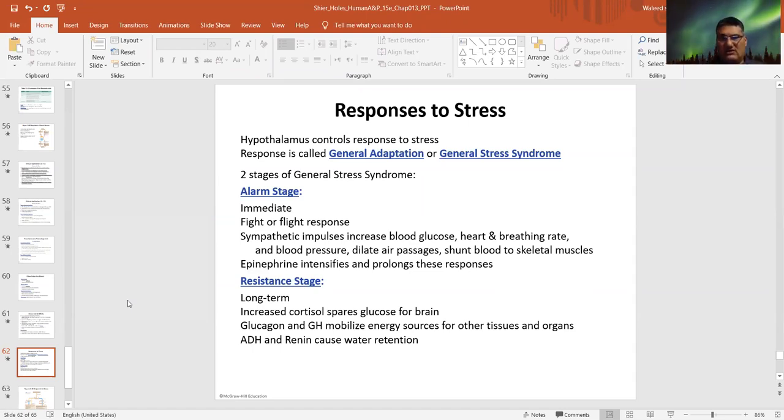You send the blood to your blood vessels and so on. Your blood pressure increase, bronchi dilate so you can breathe better, your eyes dilate more. All of these, just imagine that you are in the middle of the fight. It is sympathetic, and the hormone here is epinephrine.